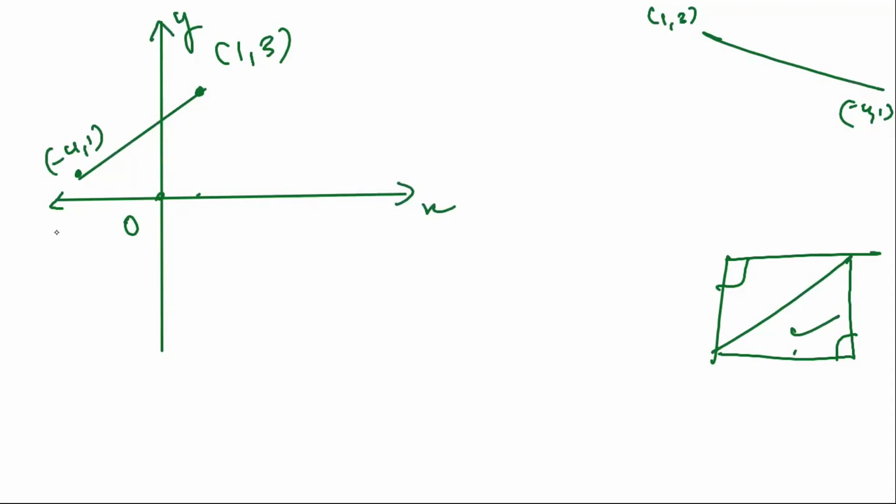When I extend this line till this point and join it like this, I know I have to extend up till here. This is the point where the perpendicular line is cutting, which is x equals 1 only. So this is the line which is parallel to the y-axis, and its equation is x equals 1 only, correct?